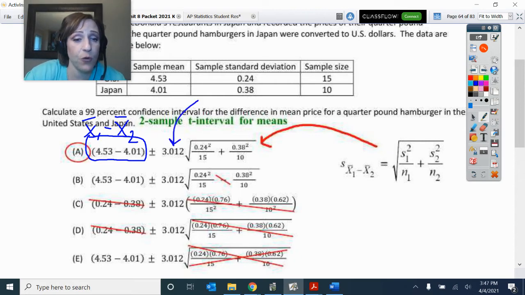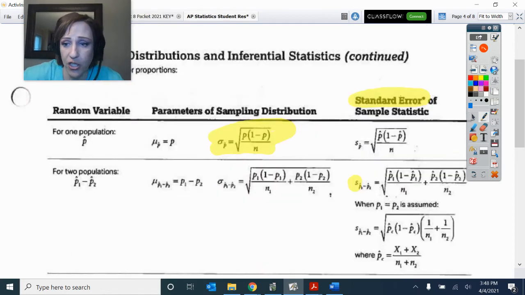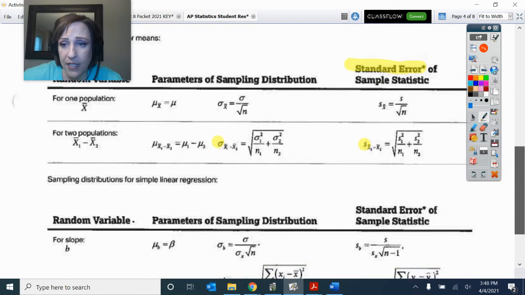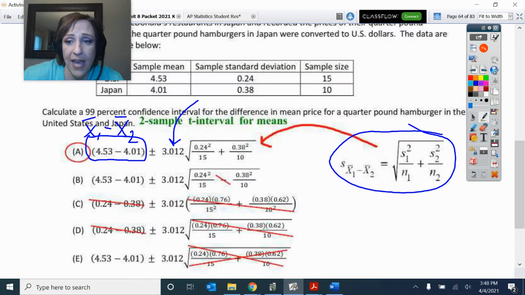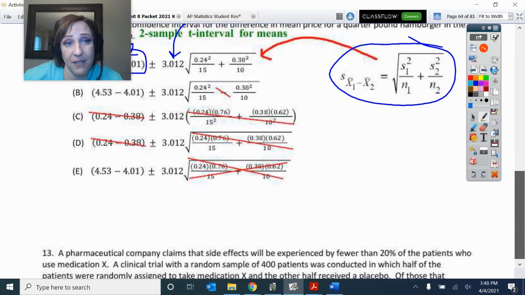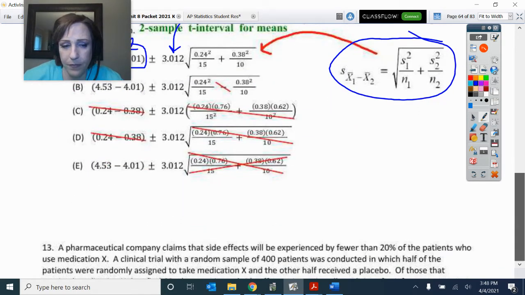Okay, and then we have the critical value, which in this case, they gave it to you. All of those were the same, so we didn't have to mess with that. That's good. And then, looky here. This was from the formula chart down here with the means right here. So I just followed that and could see it was that one right there. All right, so that was it. So see, needing to be able to follow those formulas.